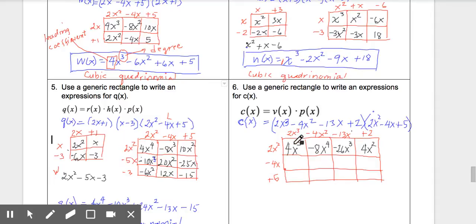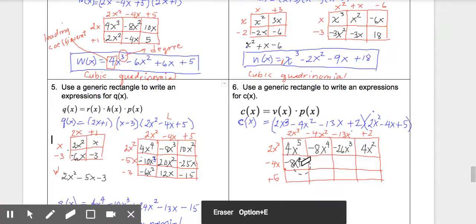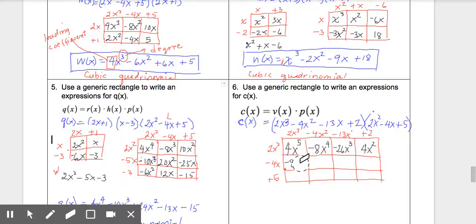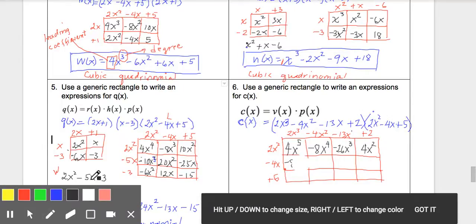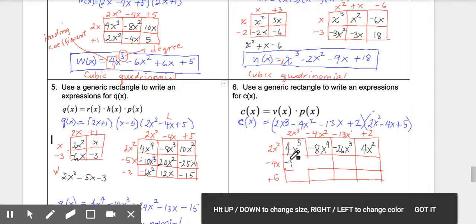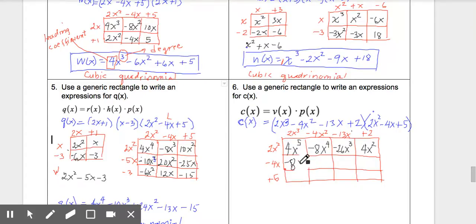Negative 4x times 2x cubed is negative 8x to the fourth. Again, negative 4 times 2 is negative 8, and x times x cubed is x to the fourth.